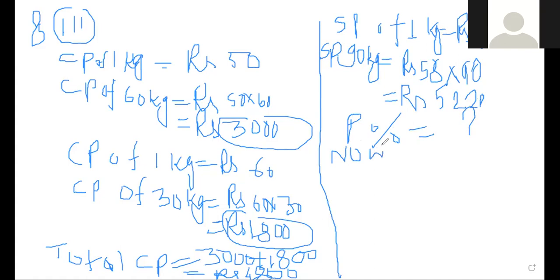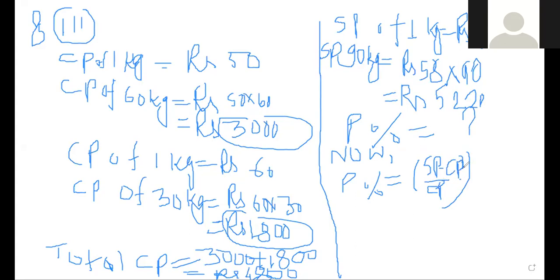Profit percent equals SP minus CP, divided by CP, into 100%.